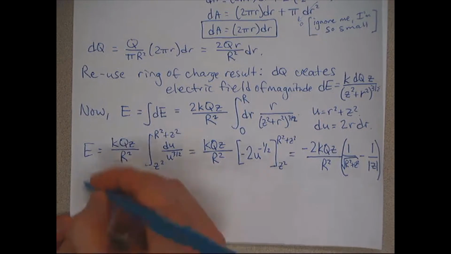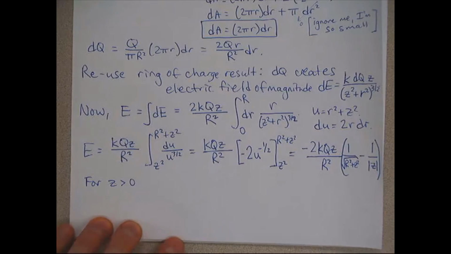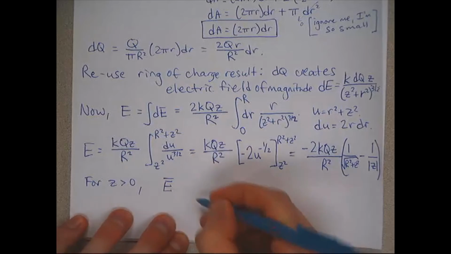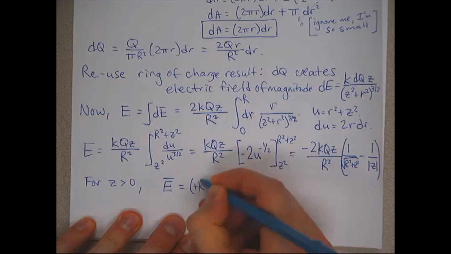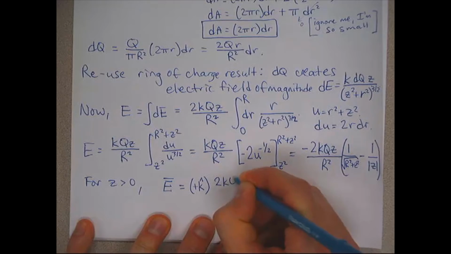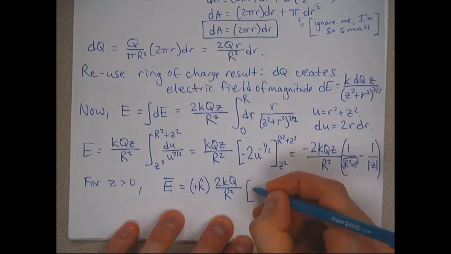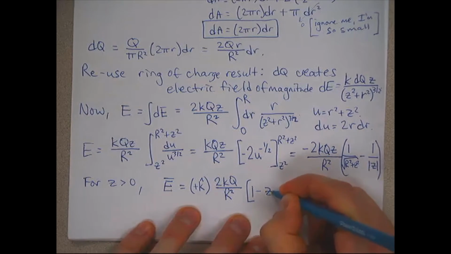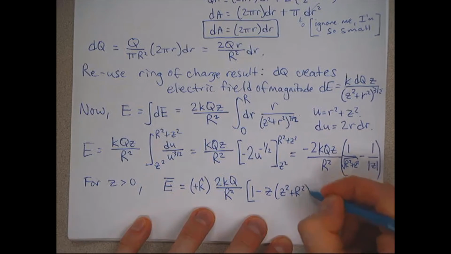For now, we'll just deal with positive values of z above the xy plane. And we'll say that our E field vector is a vector pointing in the plus k hat direction up the z-axis, 2kq over big R squared, quantity 1 minus z times z squared plus big R squared to the minus 1 half.